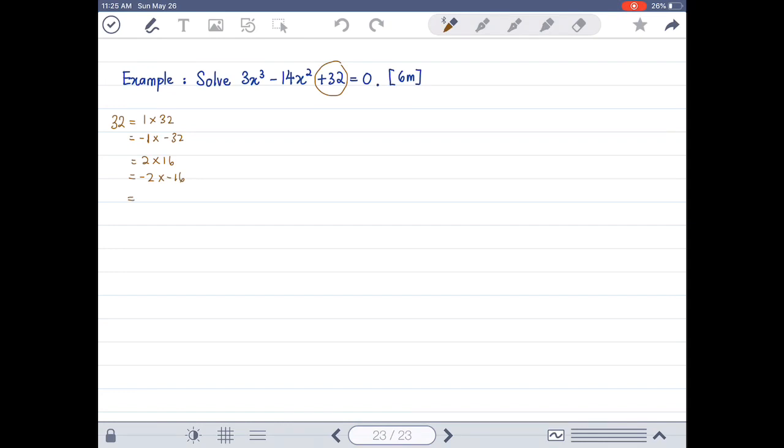Let's try. 4 times 8, or negative 4 times negative 8. I think that's it.